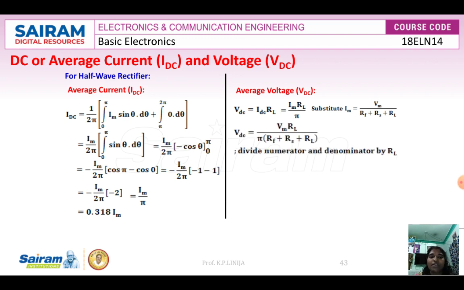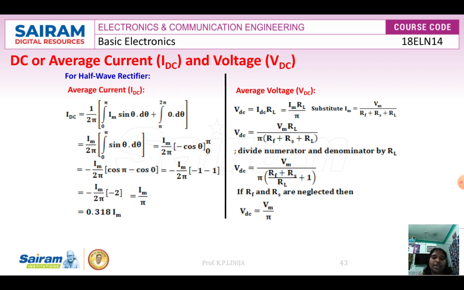Substituting the values, for simplification of the expression, we divide the numerator and denominator by RL. Therefore VDC is obtained in such a way. Here the diode forward resistance and the source resistance are neglected because they have very small values compared to RL.